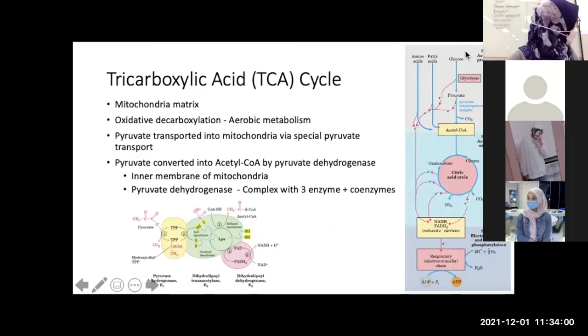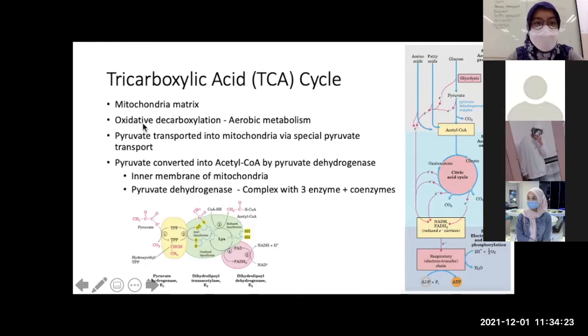So this is the glycolysis part. Now glycolysis will yield pyruvate. So pyruvate will be converted into one precursor and enter the TCA cycle. The TCA cycle happens in the mitochondrial matrix, meaning inside the mitochondria.